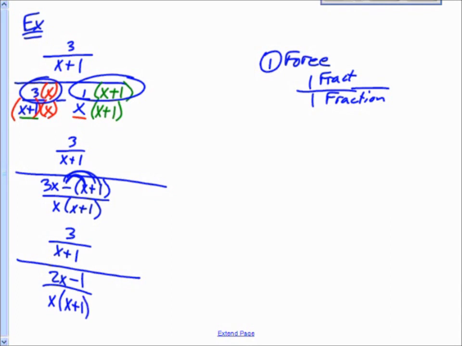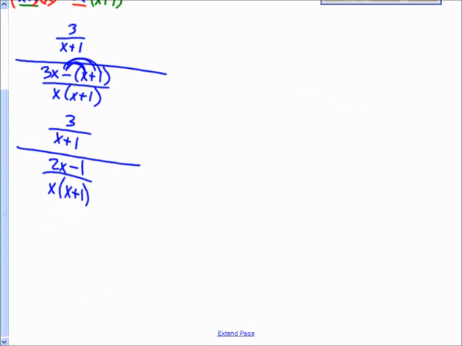Now you see how you have this fraction over fraction, instead of a fraction over two different fractions being subtracted. So right here, you want to go ahead and do the old keep change flip, right? In other words, we multiply by the reciprocal, so times x plus 1 over 2x minus 1.